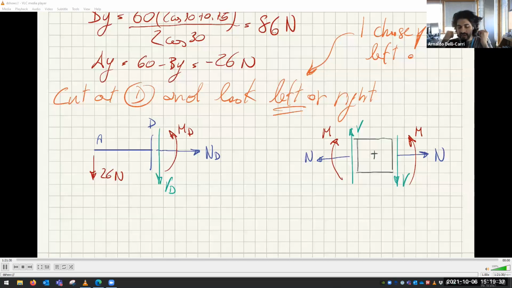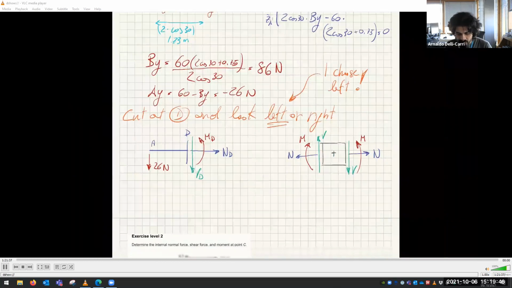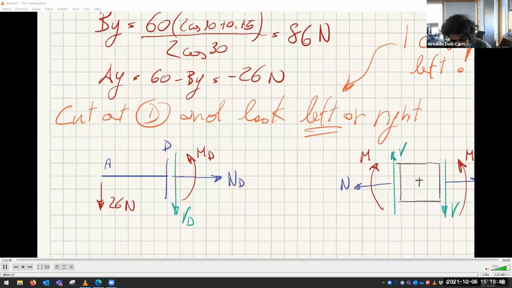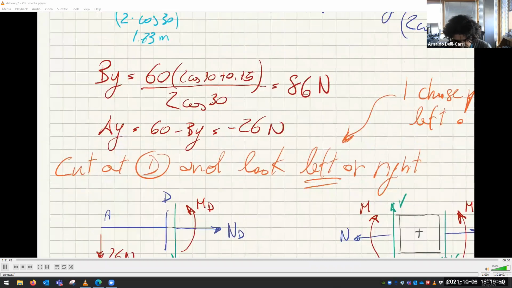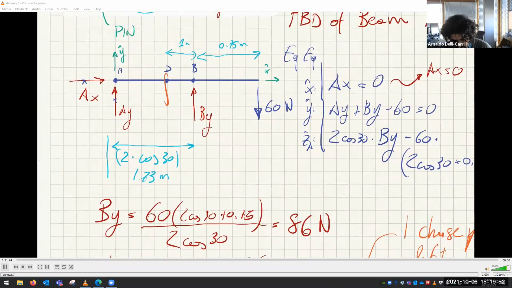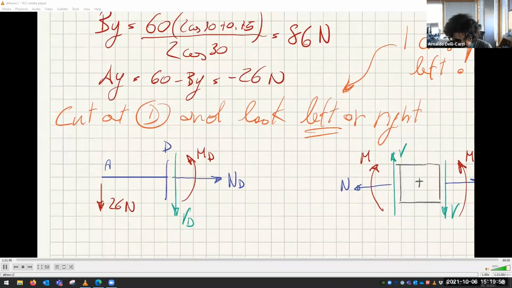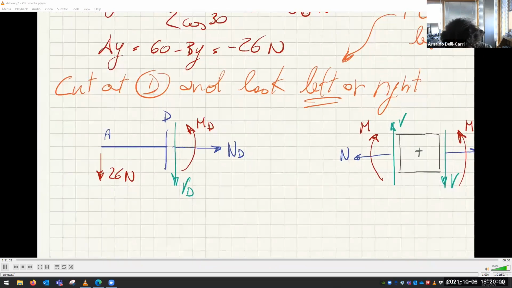Now that means that under the influence of these three internal loads, we are maintaining equilibrium here. Now, how much is this distance? This distance is not given. What we can find out is this distance, 1.73 minus 1. This distance here is 0.73. Agreed? That's what's going on.